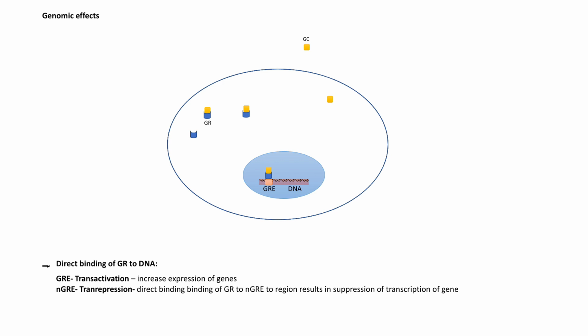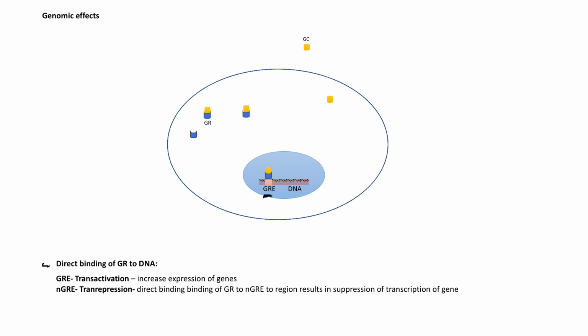First mechanism is in which glucocorticoid receptors directly bind to DNA, and they bind to site of DNA called glucocorticoid response elements or GRE. Binding of glucocorticoid receptors to this part of DNA results in increased expression of some genes.